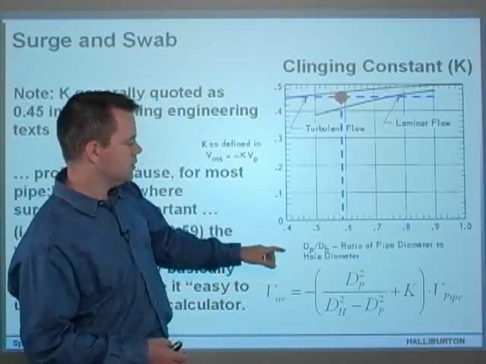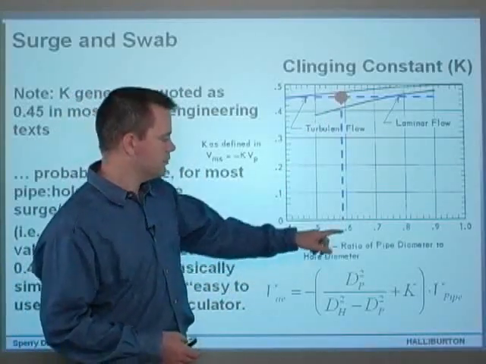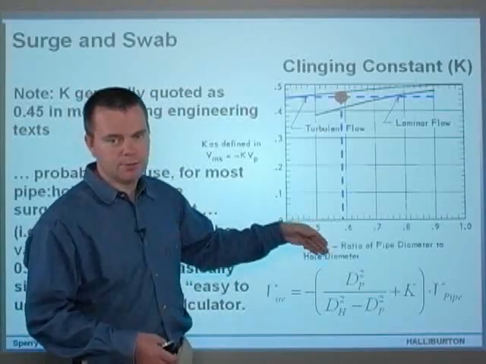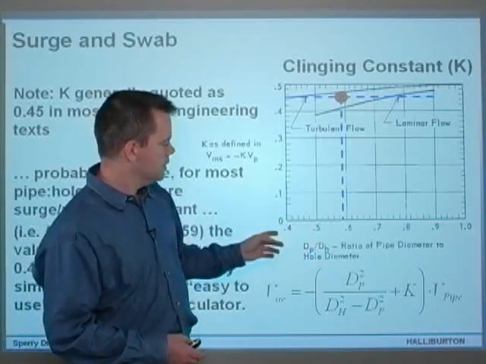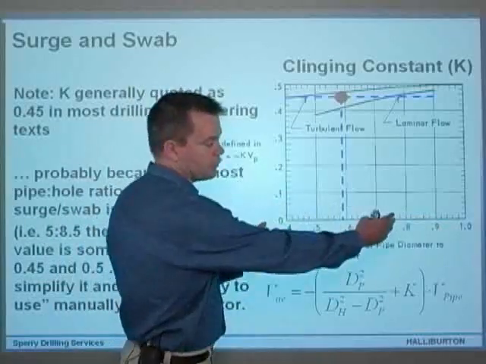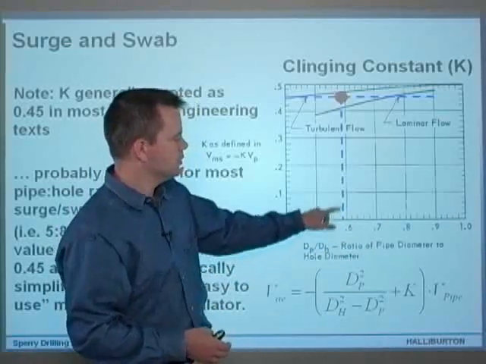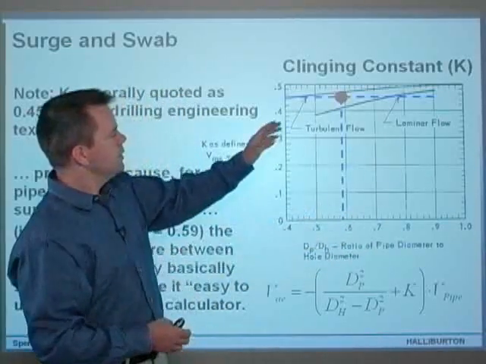And along the bottom here we've got the ratio of the pipe diameter to the hole diameter, and that's usually somewhere in the region of 0.4. Well, we've got 0.4 to 1 on the x-axis there, but it's usually in this sort of area here where this blue line's going up.